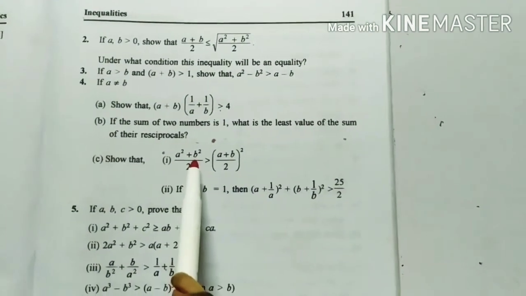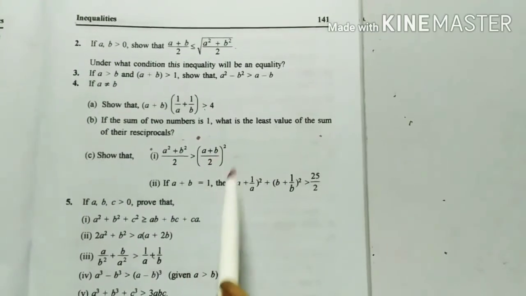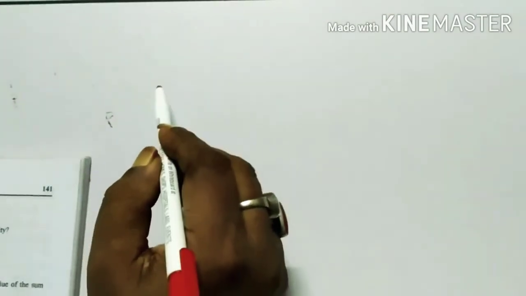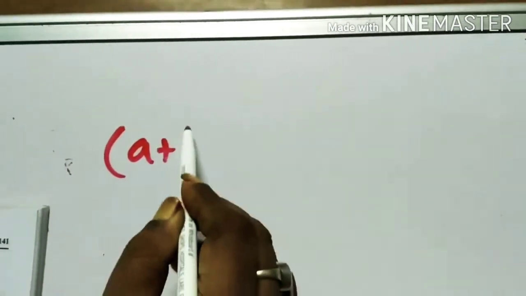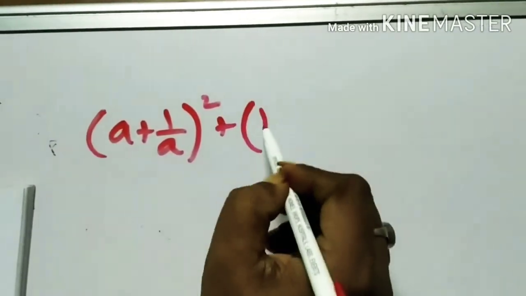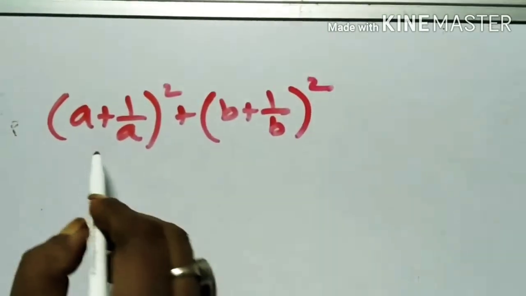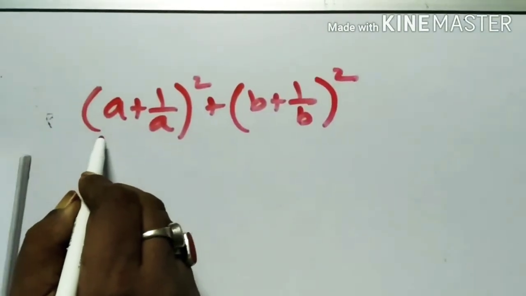That means it is given (a² + b²)/2 is greater than ((a + b)/2)². So here I am considering (a + 1/a) as the whole a, and (b + 1/b) as the whole b.